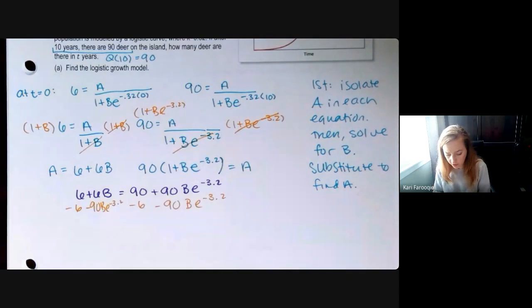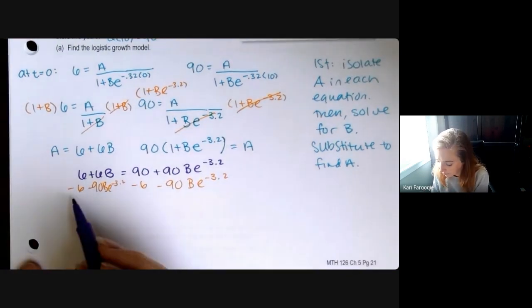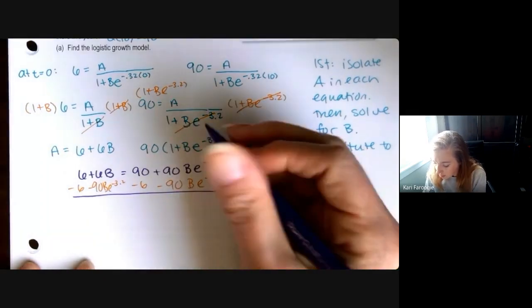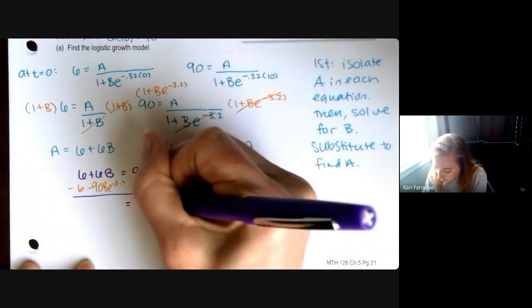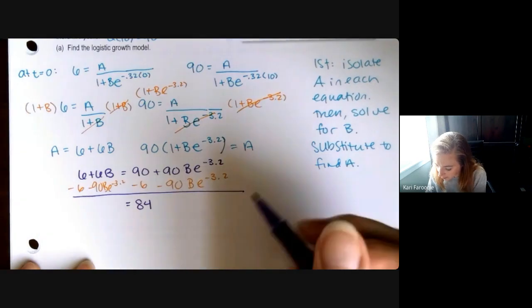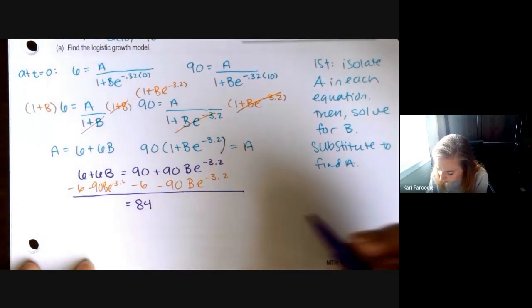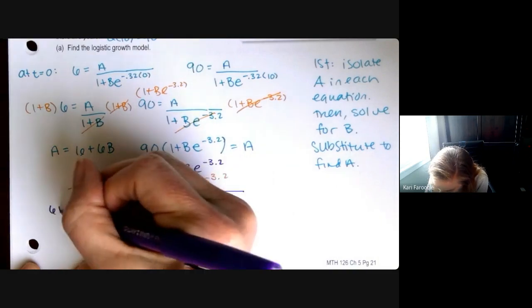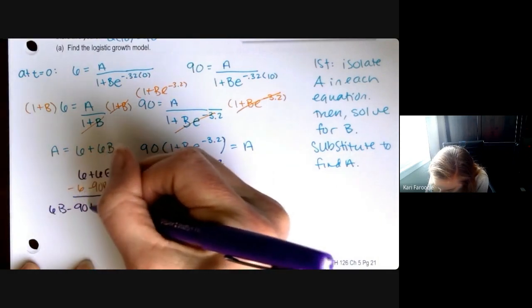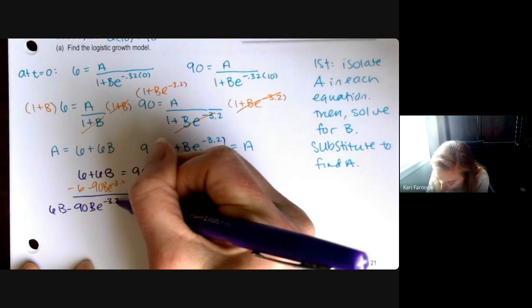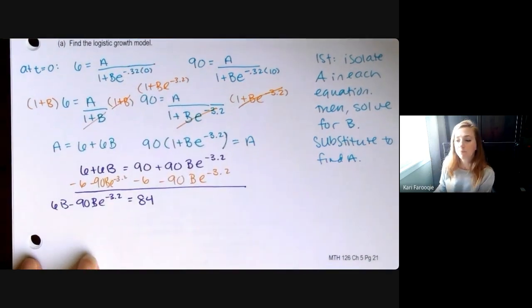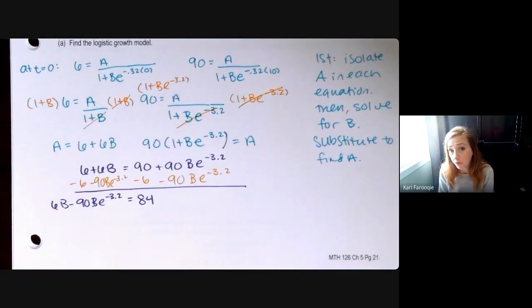And you don't have to write all that. I just want you to see what I'm doing. 90 minus 6 is 84. And then on the left-hand side, I have 6b minus 90be to the negative 3.2. Now, if I want to solve for b, I want to factor out the b. So that's what I'm going to do next.